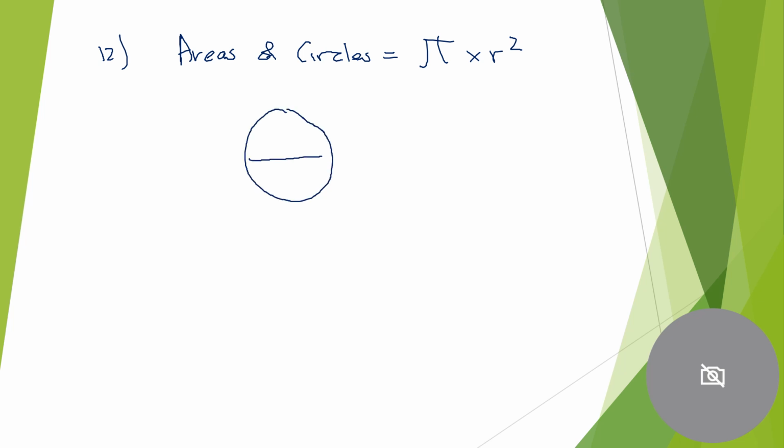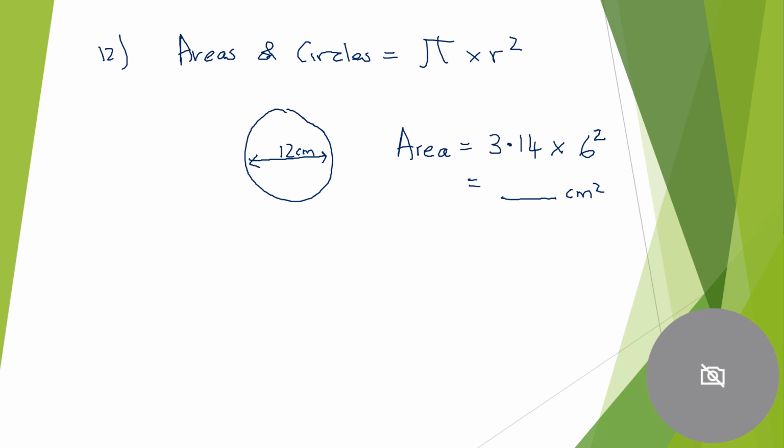If I told you that that were 12 centimeters, right, then the area of this circle would be pi, which is 3.14 times what I've given you there. The 12 is the diameter. The radius will be 6, but I need to square it in my calculator like that, and whatever answer that gives me, that's in centimeters squared. Okay, so just an awareness of how to work at areas of circles would be good.